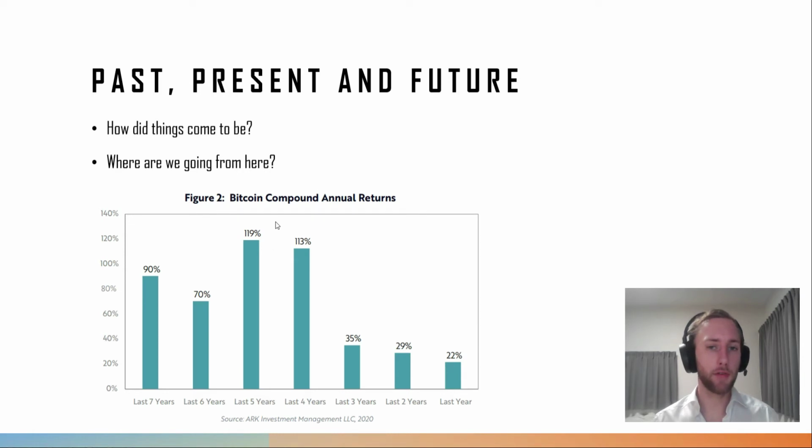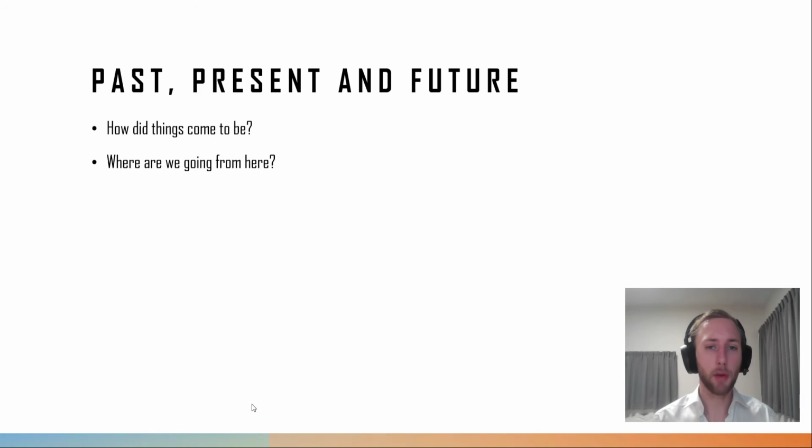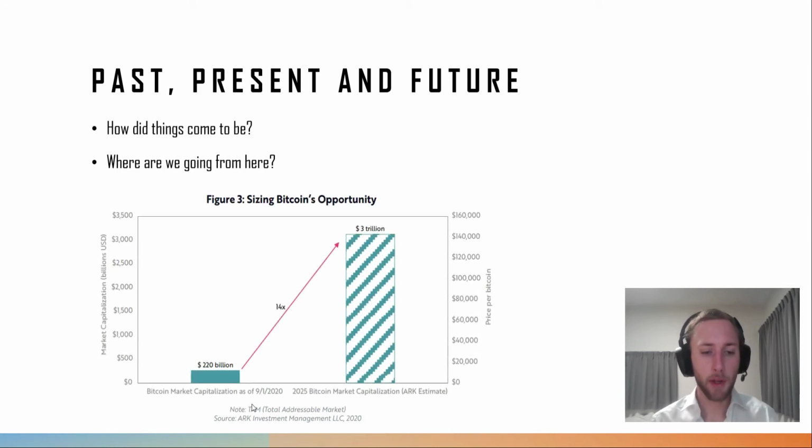As you can see, they've taken the compound returns on Bitcoin over the last 6, 7, 8 years and used that statistic to tell us something about the future. By their prediction, Bitcoin's market cap was about 220 billion at the start of 2020, and they predict that that same market cap will rise to 3 trillion by 2025.